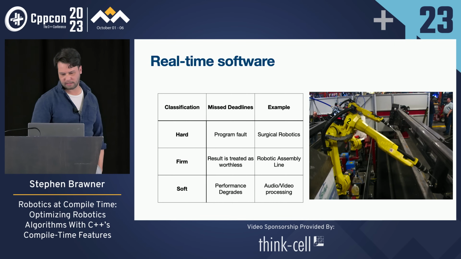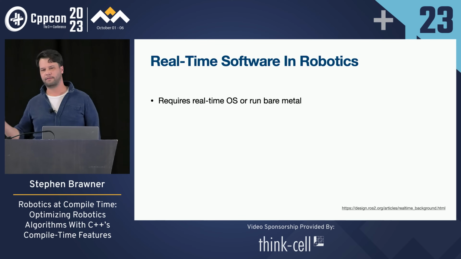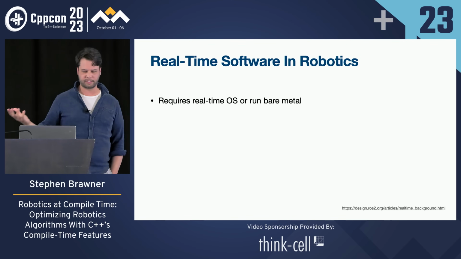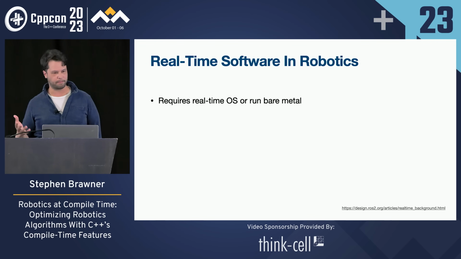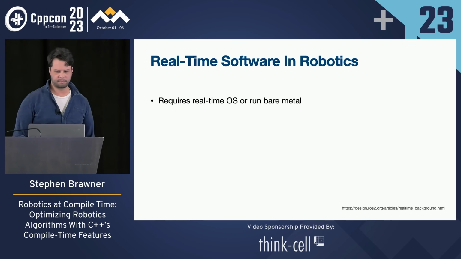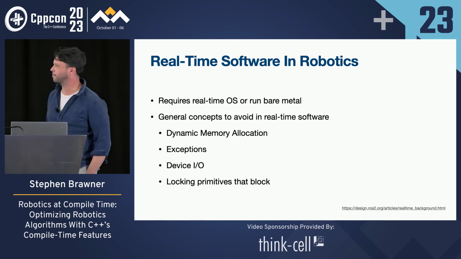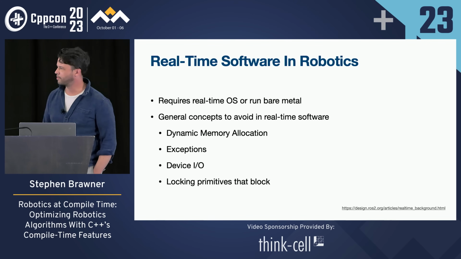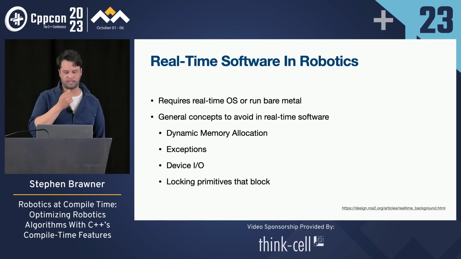So in robotics, I just want to reiterate that if you write real-time software, it has to run on a real-time operating system or on a bare metal embedded device that can also guarantee real-time properties. And there are a few general concepts we like to avoid in real-time software: dynamic memory allocation, exceptions, device I/O, locking primitives.